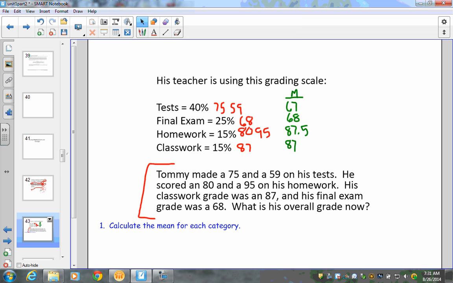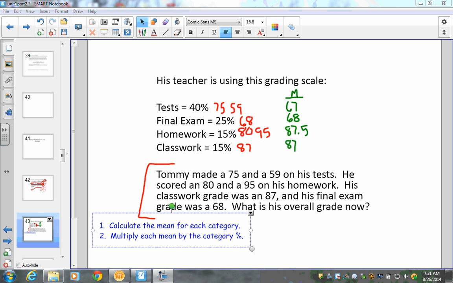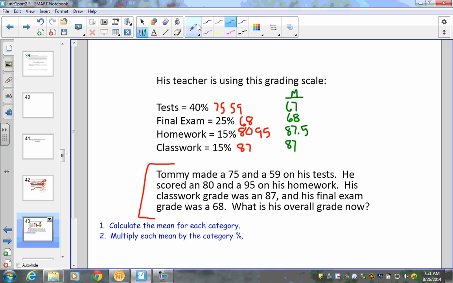Now it's time for my second step, which is to multiply each mean by the category. So I'm going to take each percentage of each category and multiply it by my mean, which is 0.4. Now, of course, you have to convert to a decimal, so please make sure you do that. This would be 0.25, and this would be 0.15, and this would be 0.15.